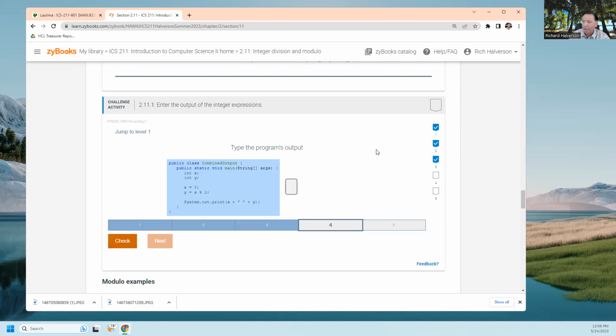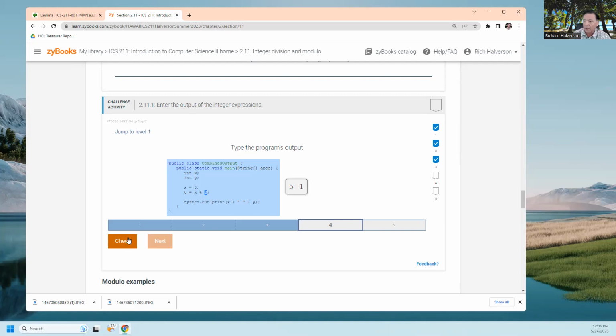All right, what's next? First I do the 5, and then y is 5 mod 2. 5 divided by 2 is 2 with the remainder of 1. Okay. So y must be 1. If there's an expression like this, the result is always going to be smaller than this number, so that leaves only 0 or 1.